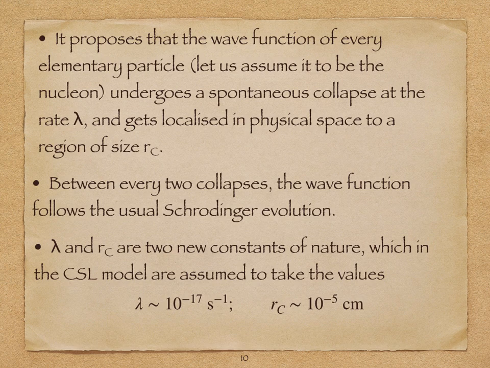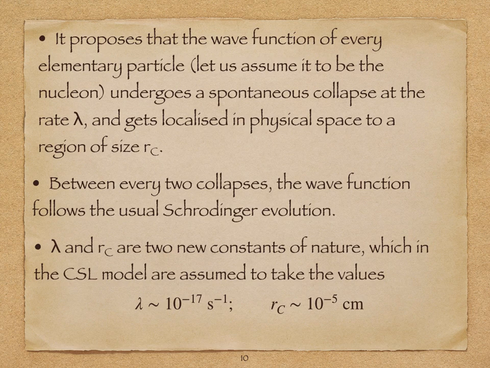Now, how much is lambda? These experiments have to tell. In quantum mechanics, lambda would be 0 because there's no spontaneous collapse. Lambda and RC are two new constants of nature, empirical constants. Ultimately we expect that when we understand spontaneous collapse in a fundamental way, maybe lambda and RC will get related to already known constants like Newton's gravitational constant, Planck length, Planck constant, the speed of light.